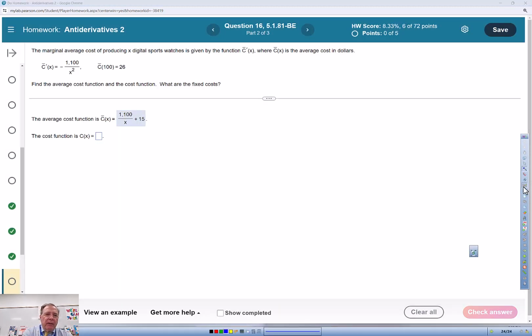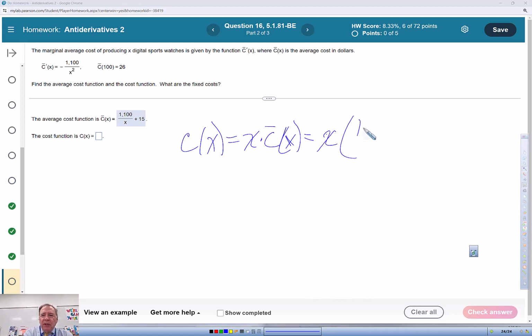And then to get back to C of x, it's going to be x times C bar of x, and we now have C bar of x. So that's x times 1100 over x plus 15, which is going to give us 15x plus 1100.